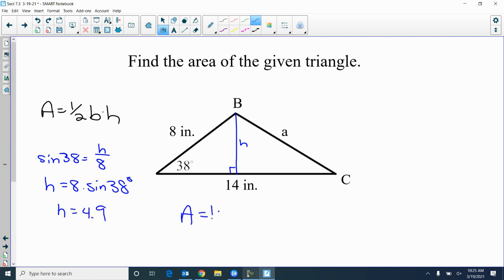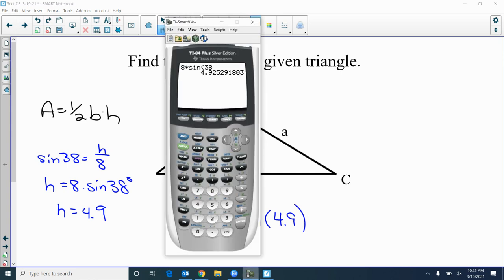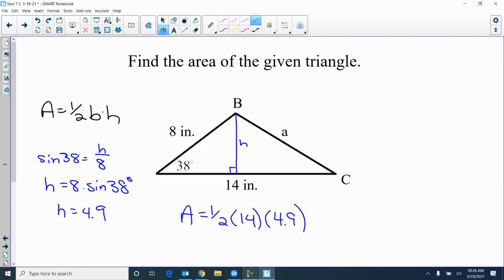Area equals 1/2 base, which is 14, times height, which is 4.9. That's 34.3 if you round it off. If you did not round off, you got 34.5. So I'm just going to put 34.5.